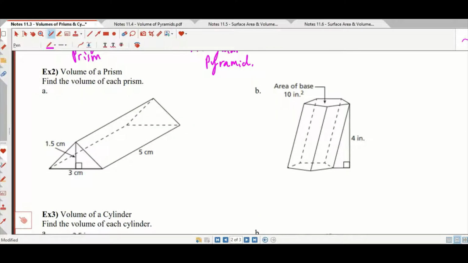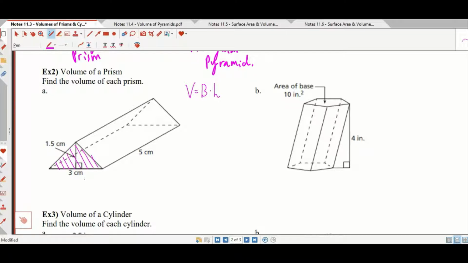Okay, volume of a prism. Find the volume of each prism. Again, the volume of any prism is the area of the base times the height. We use a capital B because it's the area of the base. And this is a triangular prism, which means that its bases are these triangles.